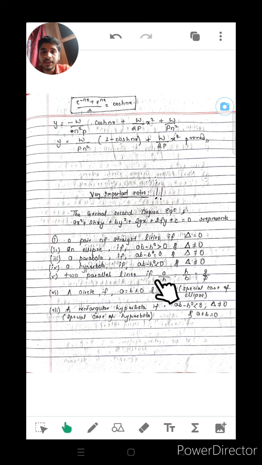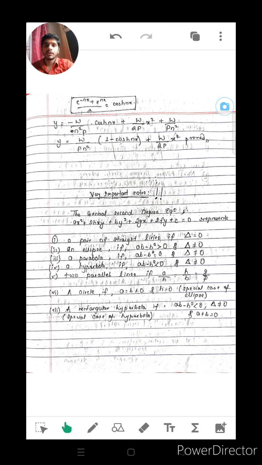Two parallel lines if a by h equals h by b equals g by f. A circle if a equals b not equal to 0 and h equals 0, a special case of ellipse. A rectangular hyperbola if ab minus h square is less than 0, the determinant is not equal to 0 and a plus b equals 0, a special case of hyperbola.